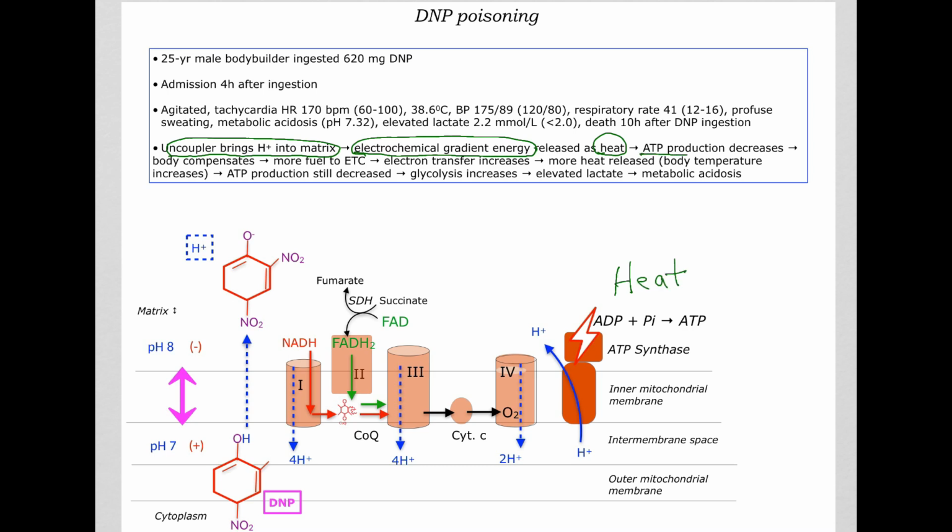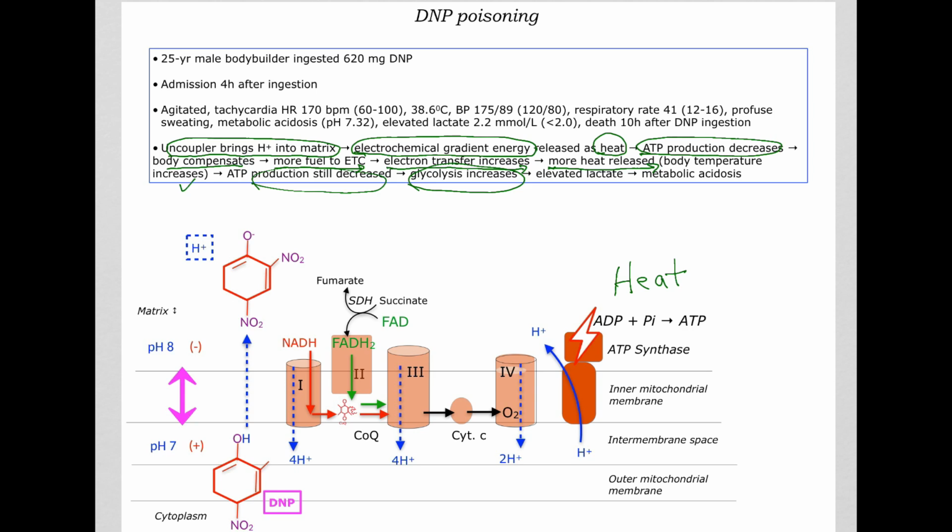Because of the uncoupling, ATP production in his body decreased. So the body compensates by sending more fuel to the electron transport chain. This will increase the electron transfer activity, but since it's still uncoupled, the energy will simply be released as heat. The body temperature increases, ATP production is still decreased, and to meet the energy demands, the body increases glycolysis.